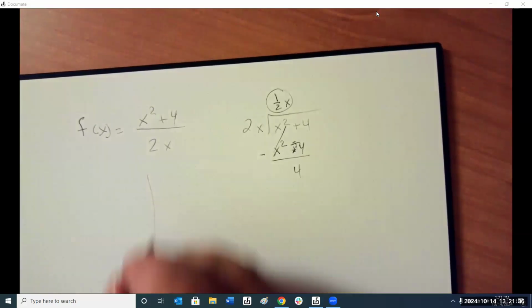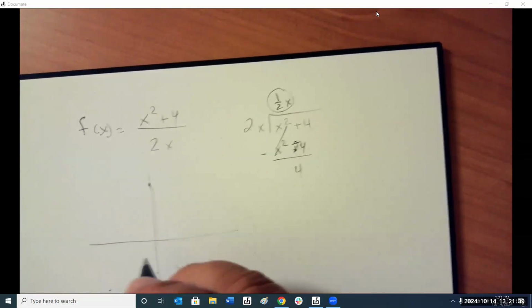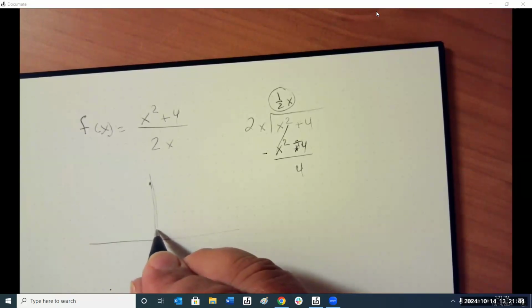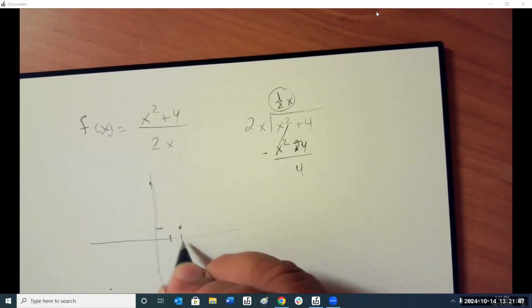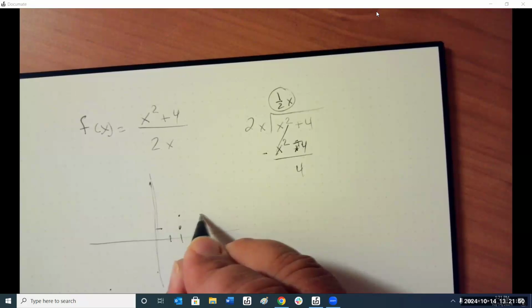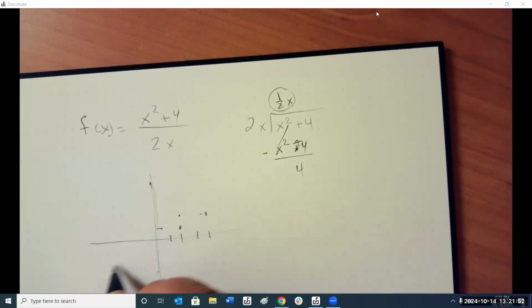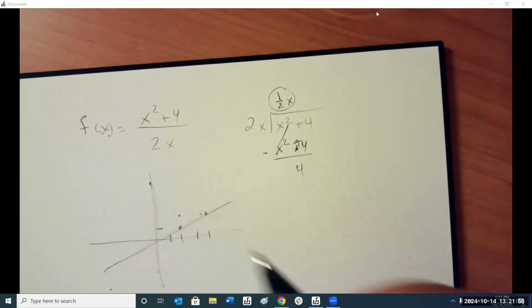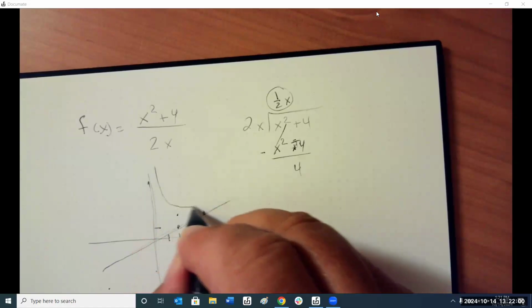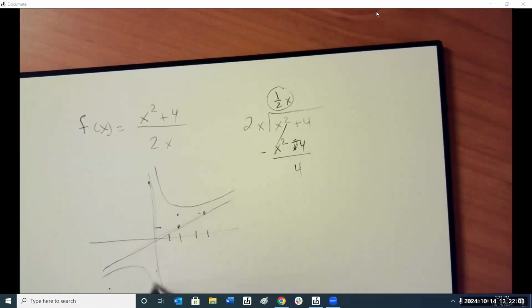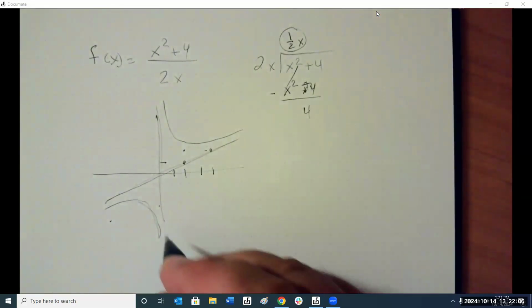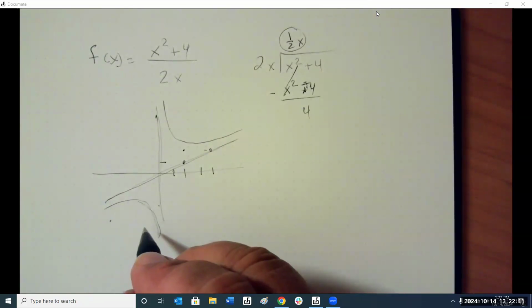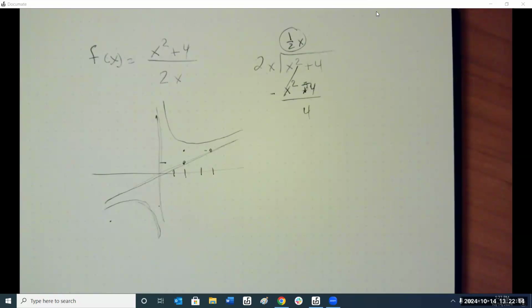So the graph is going through the origin, up 1 over 2, up 1 over 2. So the only way it could be is if it's concave up. On the left-hand side it's concave up, and on the right side concave up. There's the graph.